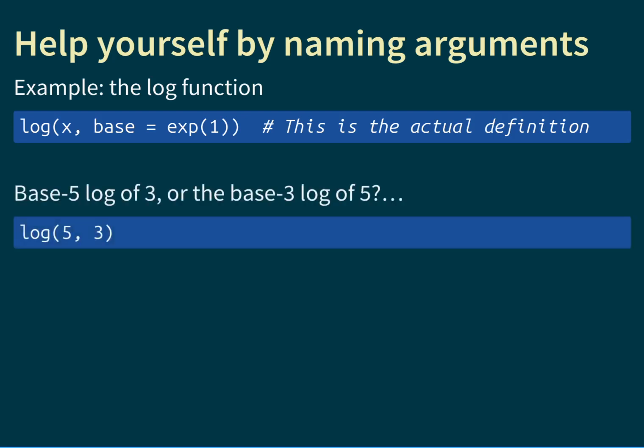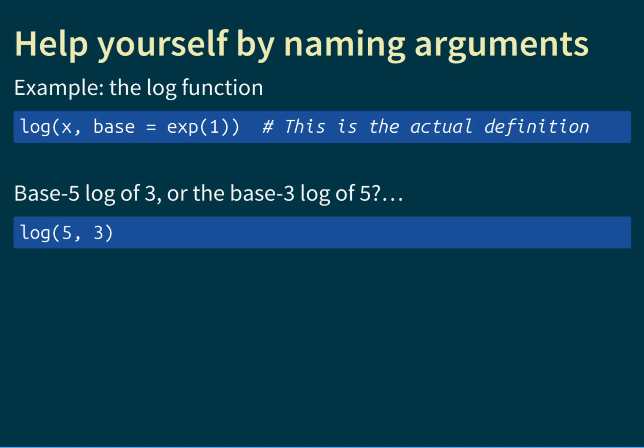So for example, I write down log(5, 3). Is this the base 5 log of 3 or the base 3 log of 5? And unless you're very well acquainted with how the log function works, it might be a bit difficult to tell which one it is. By the way, this is the base 3 log of 5. If you look at the top definition, you will see that that is the case, but that is not very easy to see.